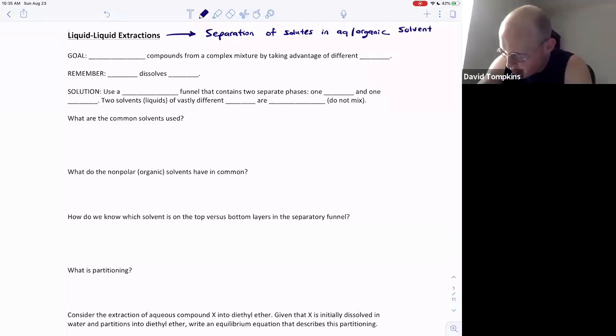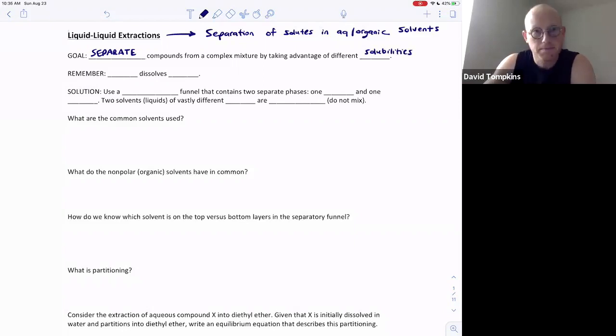So let's review a few concepts regarding solvation. As I mentioned, the goal of this compound is always to separate molecules A, B, and C, for example, from one another. So if you have some complex mixture of molecules, we can take advantage of different solubilities based on the varying properties of compounds in solution.